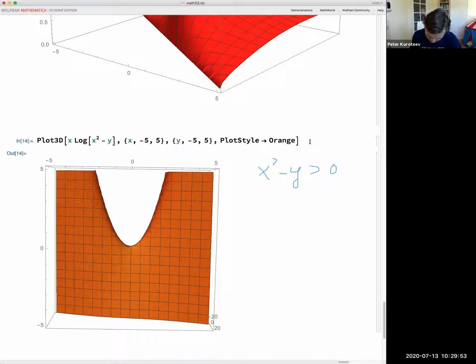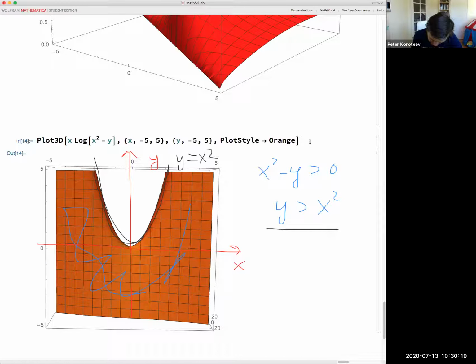Which means that y is greater than x squared, which is of course all this orange thing here. So if you look at the xy plot, this is the plot of the function y equals x squared, and we are looking at everything that lies under it, under this parabola.